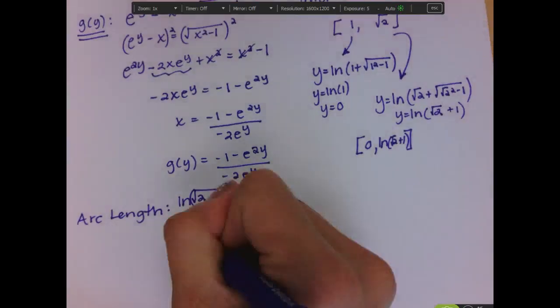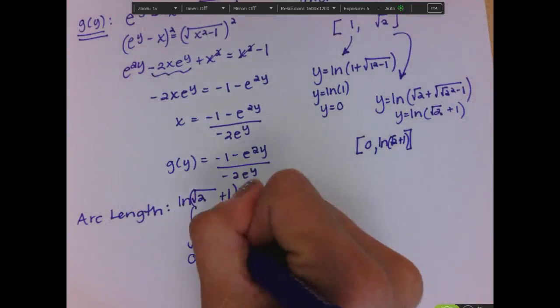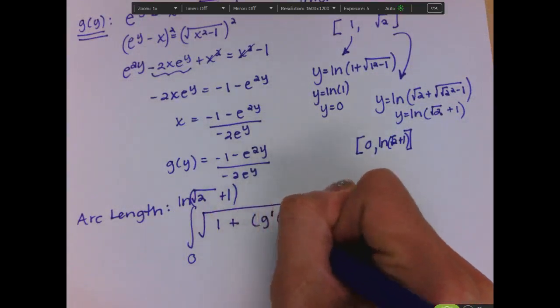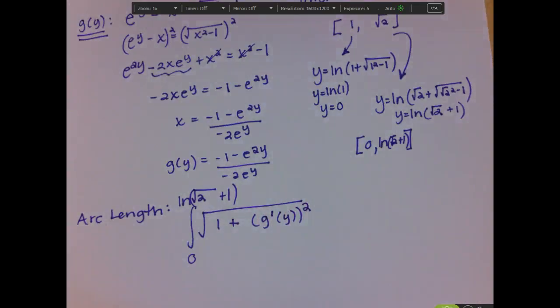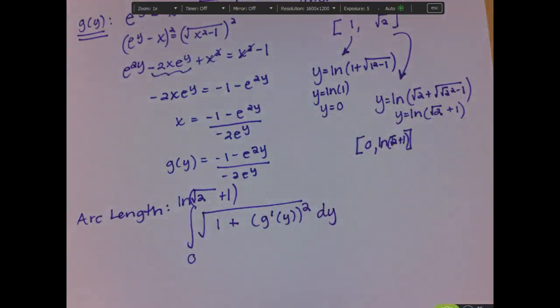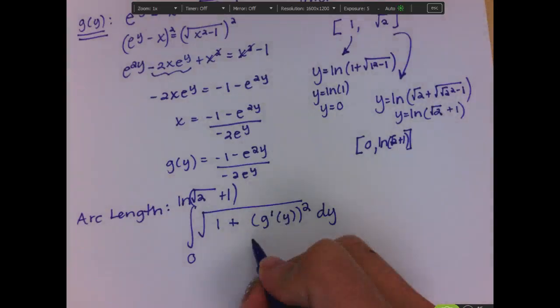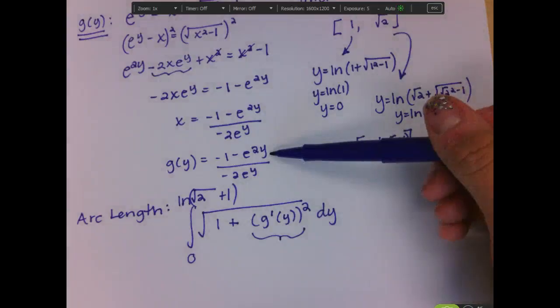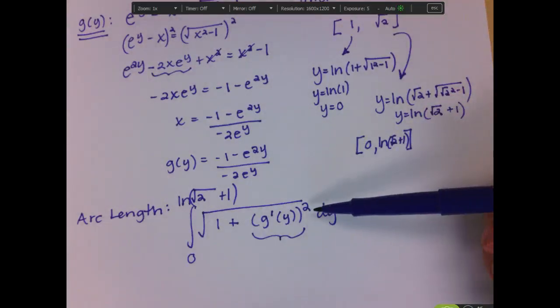And then I need to take the square root of 1 plus my g prime of y function squared, and then integrate that with respect to y. So what I'd like to focus on now is this piece. I need to find the first derivative of the function that I wrote here, and square it.